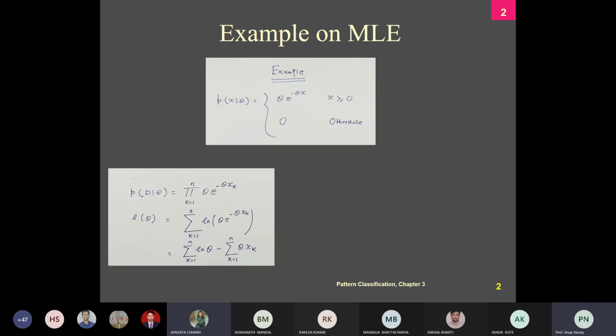Why would a root come? Because n by theta minus the summation equals 0, and then square. No, root will not come because you have to do the differentiation with respect to theta. Suppose you have log x and you differentiate log x with respect to x. Sorry, sir, it will be n. Sorry, so theta will be equal to n.